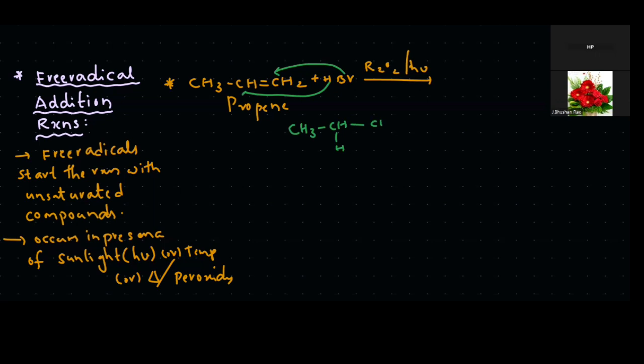So the product is 1-bromopropane. Okay. We will also discuss the mechanism, how it is involved in the reaction.